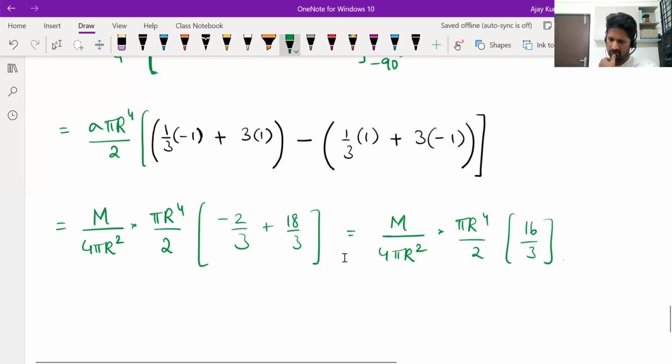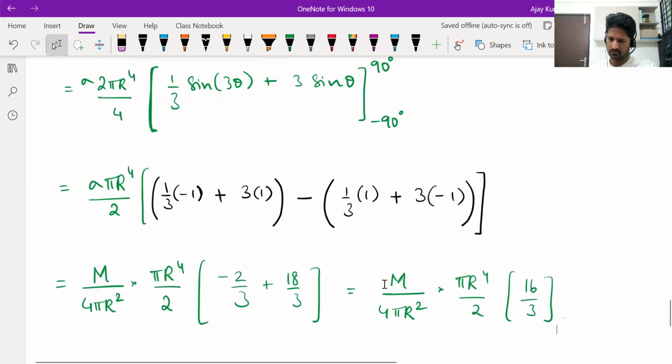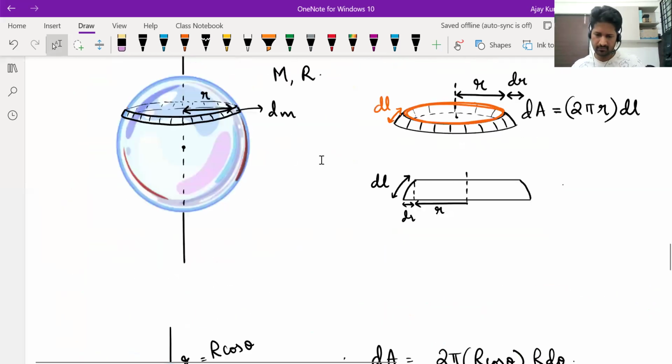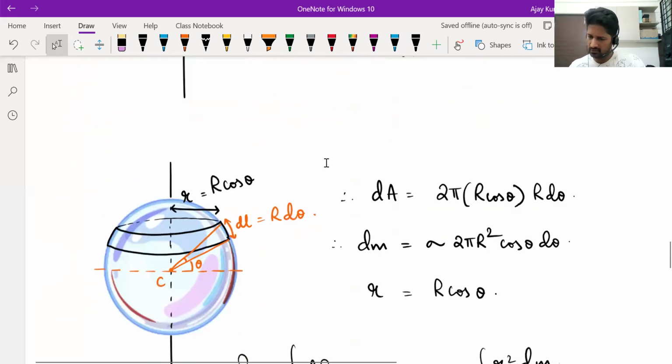Something is wrong. Something is still wrong. Let's check once again right from the beginning. So we took a ring element like this.